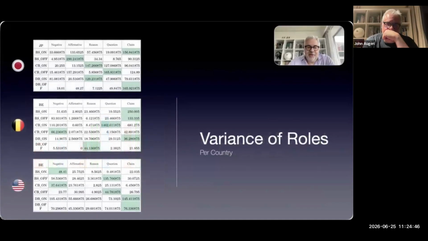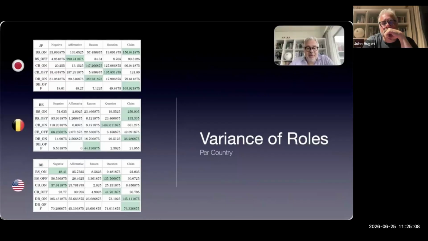The third set of results we wanted to present to you today is the variance of the roles for each country. For each discussion format, we calculated the variance for the 4 participants, and we compared it between all the 5 roles that we had identified. You have here a table for each country, Japan, Belgium, and US.